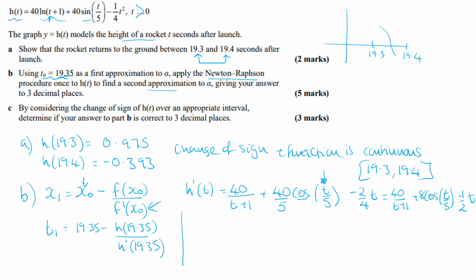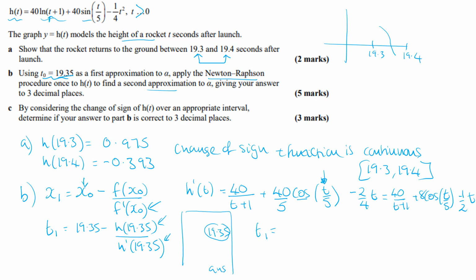So on your calculators, if you put in 19.35 and press equals, then your calculator will hold that at the bottom right of the screen, and you can just use the answer key. So you can feed these functions in, but wherever you want to put t in, just press answer, and then what you can do, you can get your first approximation, which is going to be your t1.